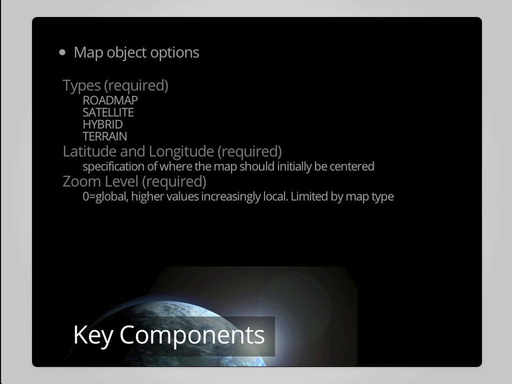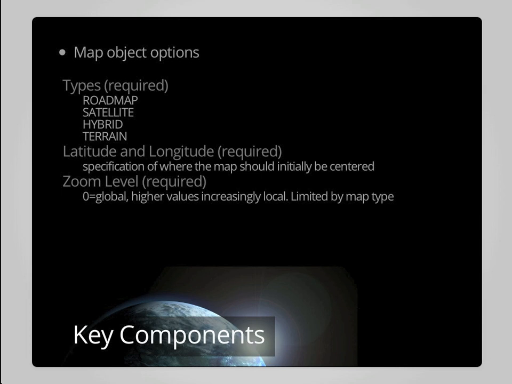So essentially a zoom level of 0 is a global scale map, with higher values providing increasingly local views that are centered on the latitude and longitude that you provided. Google Maps uses a set of fixed zoom levels starting at 0 and typically moving to a maximum value of 18, though the available zoom level for a particular map type is limited.